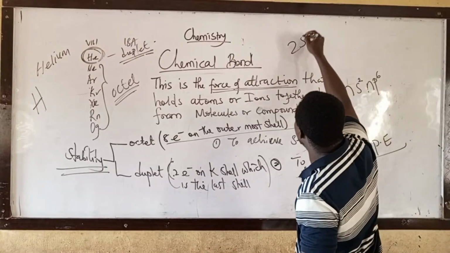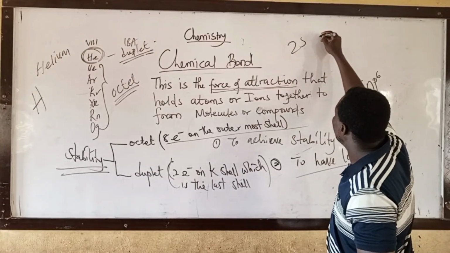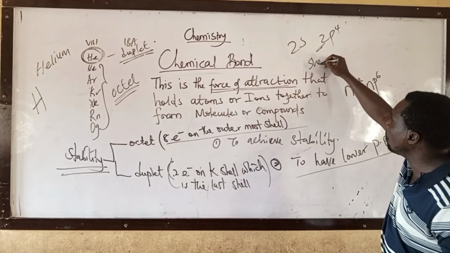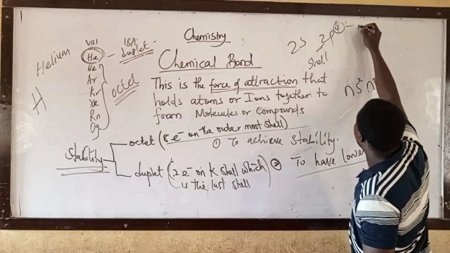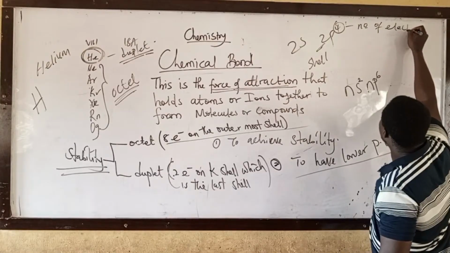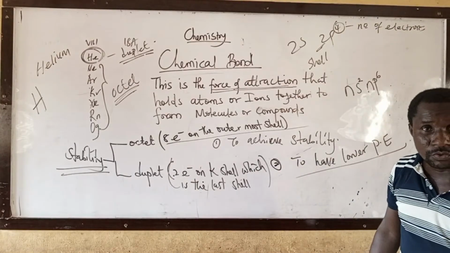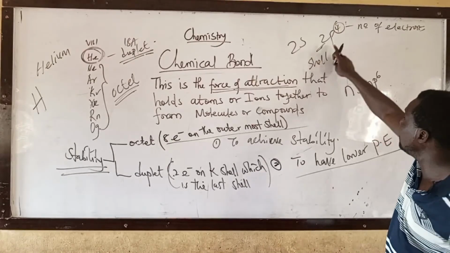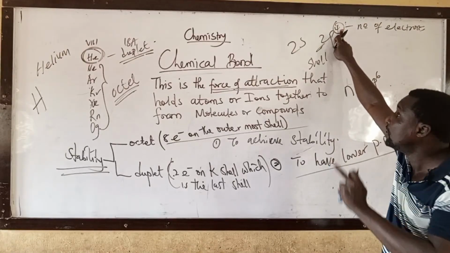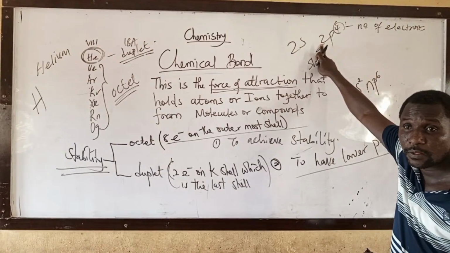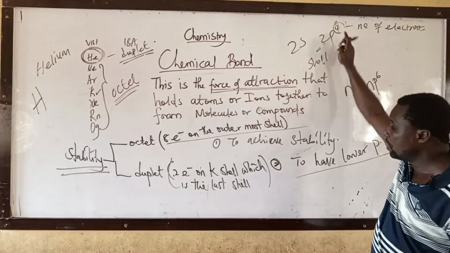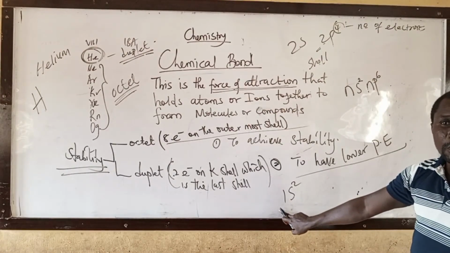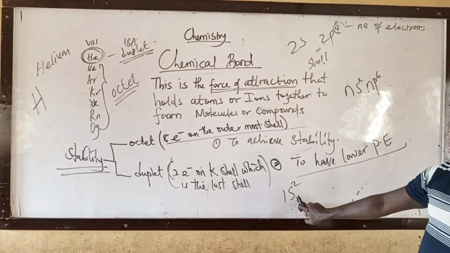When I write 2s2 or 2p6 or 2p4, this 2 is the shell, the energy level. This 4 is the number of electrons. Now this p can be found in a shell, and this p has a number of electrons. If I write 1s2, this s can be found in the first shell, and this s has 2 electrons.